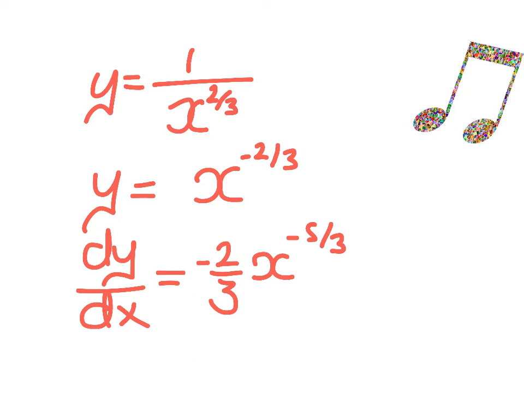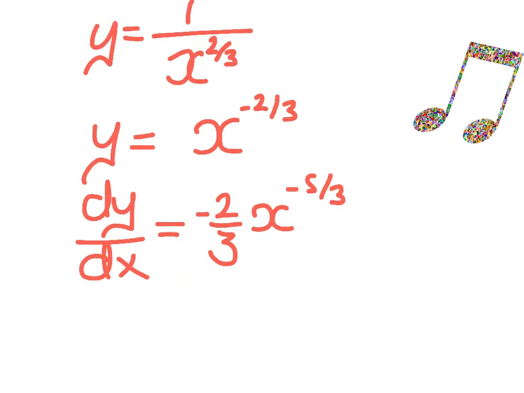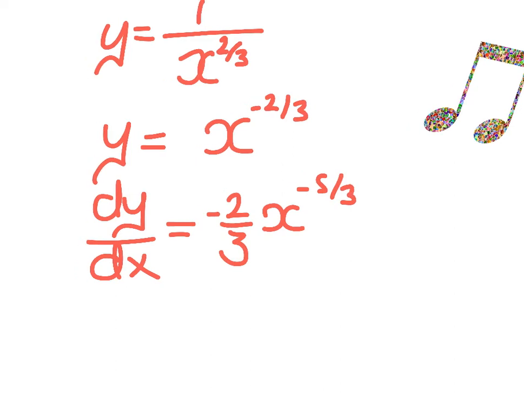Now before I can substitute in here, I'm going to need to tidy this up. So that means I need to get rid of negative and fractional indices. The negative index here tells me that I need this x to go underneath the fraction to make that positive.